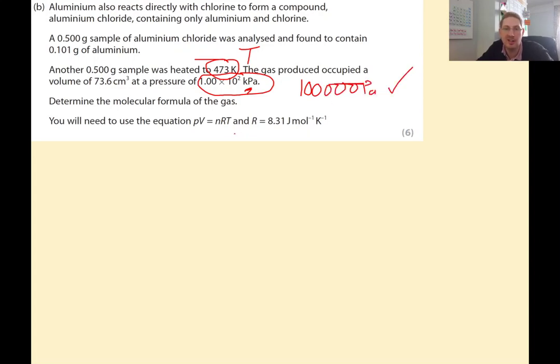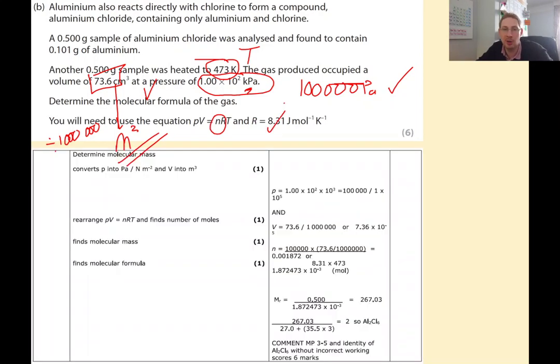We've got the pressure, we've got the volume, but we must put that in meters cubed, not decimeters cubed. So we need to divide that by 1,000,000, okay? And a really common mistake there is dividing it by the wrong number. But then we've got the volume, so we can work out the number of moles because we're given R.